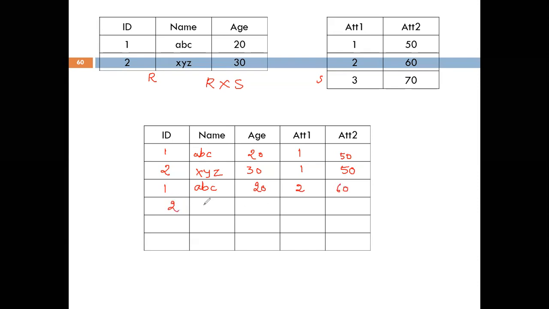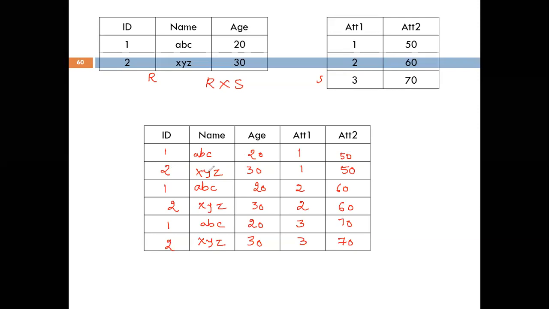Now the second row, XYZ, 30, again combines with the second row. Next, 1, ABC, 20 combines with the third row now, and second, XYZ, 33 followed by 70.